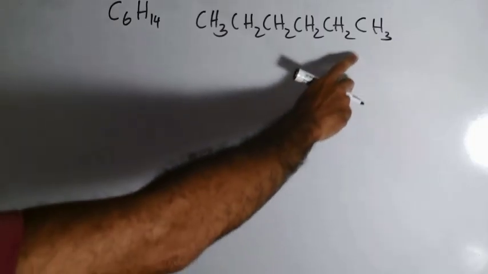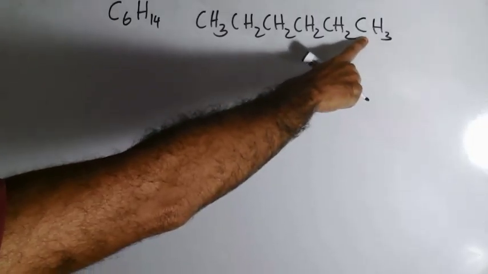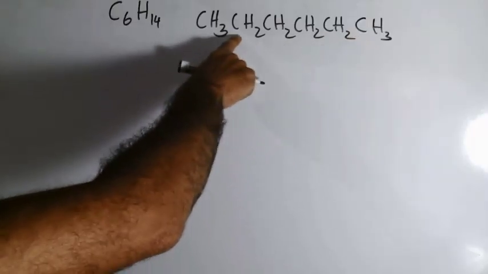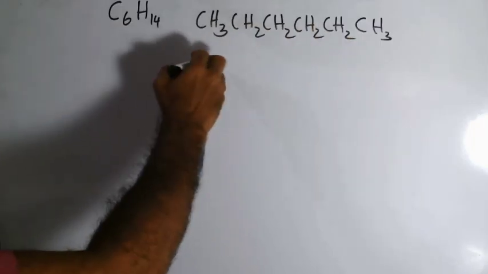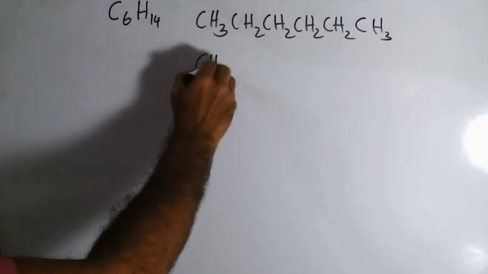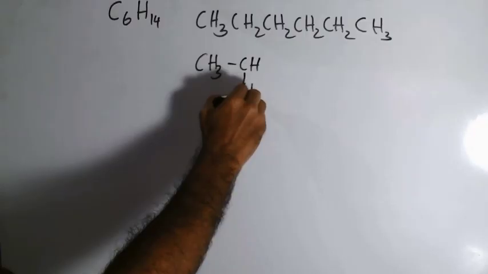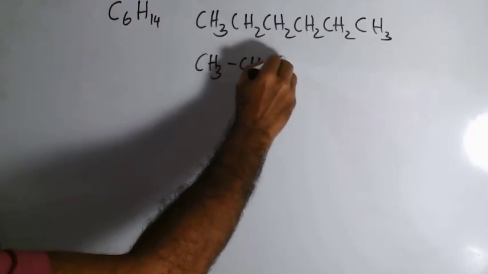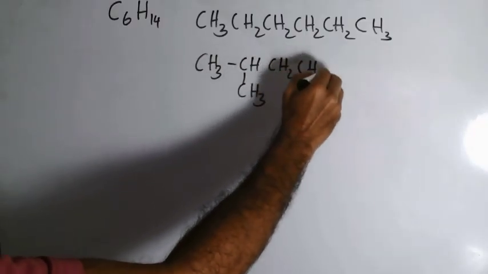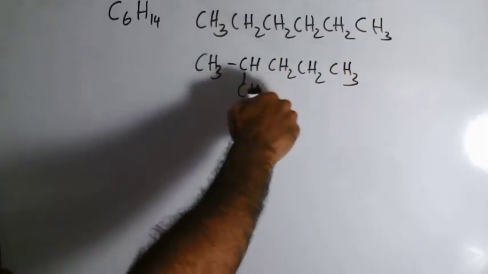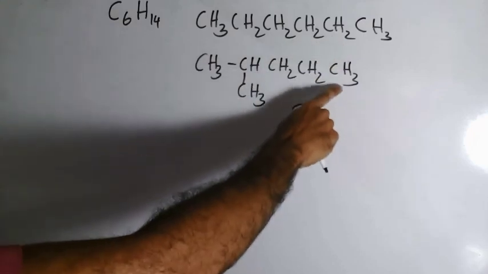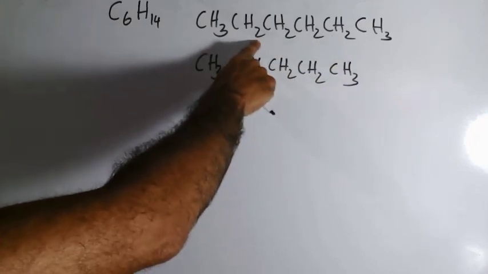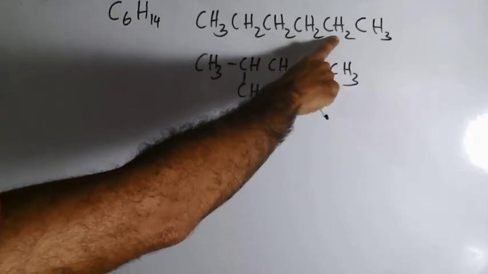First, I will remove this methyl group from there and connect here. Then I have to remove this hydrogen and connect them. You can see the CH2 group becomes CH3 because of this hydrogen attached here.